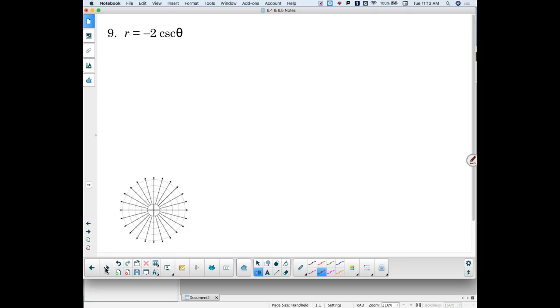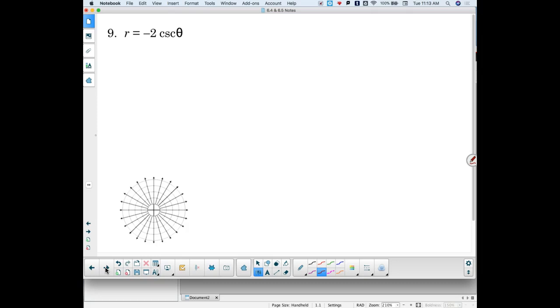What are my r equals tools? r equals the square root of x squared plus y squared. Okay, what's another one, or something that's got r in it, I should say? r squared equals x squared plus y squared.